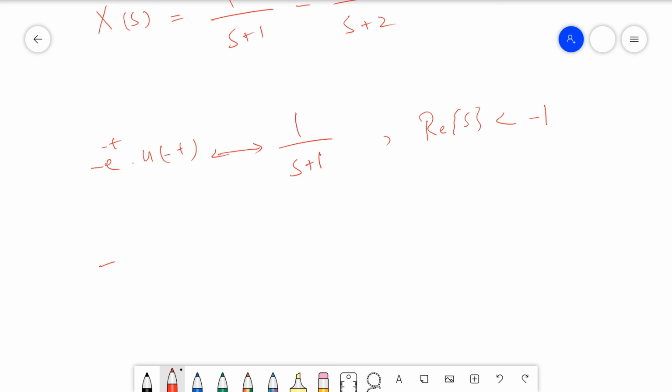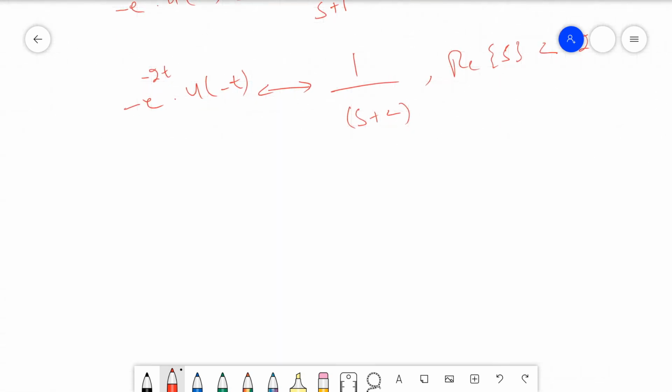And similarly for the next term, which is 1 over (s plus 2), we can define the inverse Laplace as e raised to the power minus 2t into u of minus t. And the region of convergence in this case was less than minus 2.